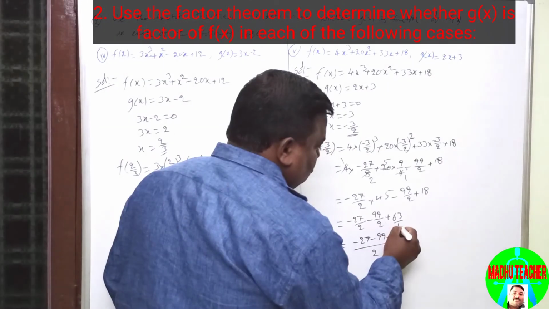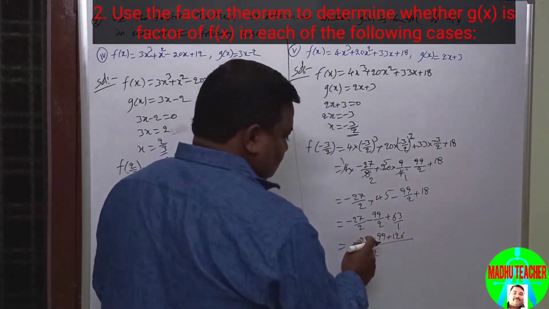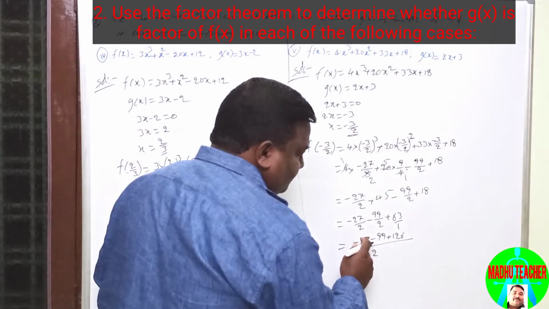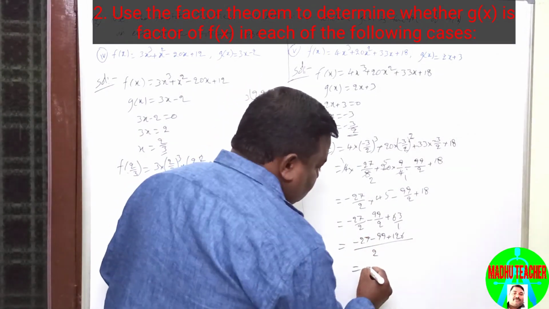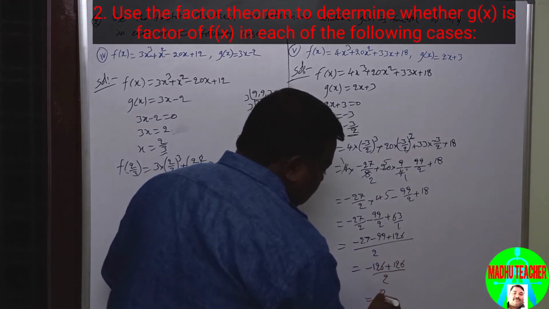Plus 63 into 2 is 126. These two have minus sign, so minus 99 minus 27, that is minus 126 plus 126 by 2. That equals 0 by 2, that equals 0.